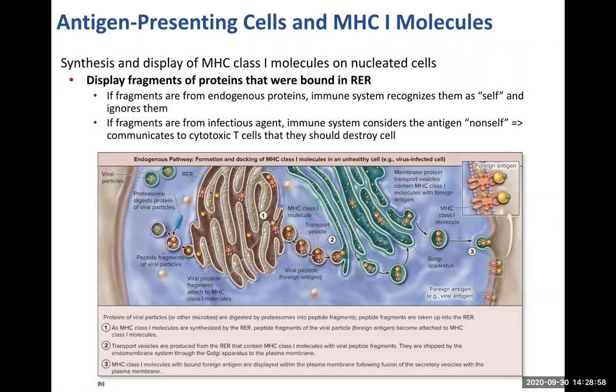The reason cytotoxic T cells are so good at recognizing and eliminating virally infected cells is because they recognize endogenous antigen. They recognize antigen presented in the context of MHC1, and if that antigen is viral, they will recognize that and they will tell that virally infected cell to undergo apoptosis. They will attack that antigen, right?